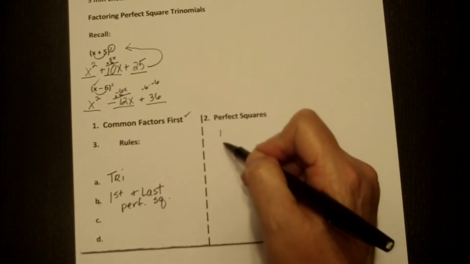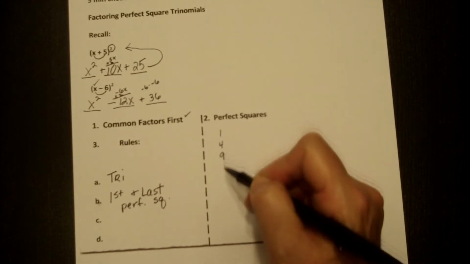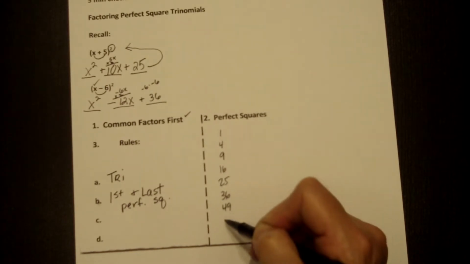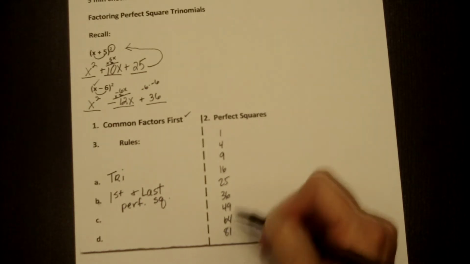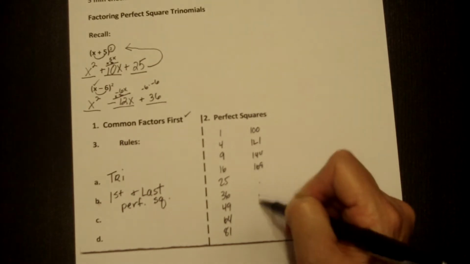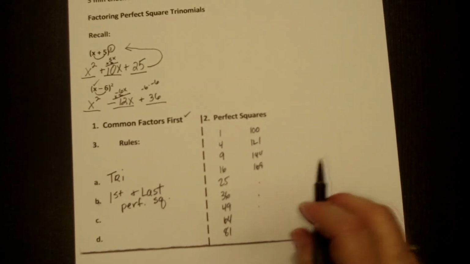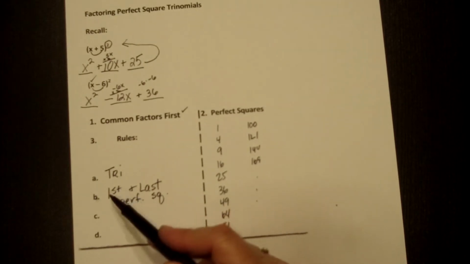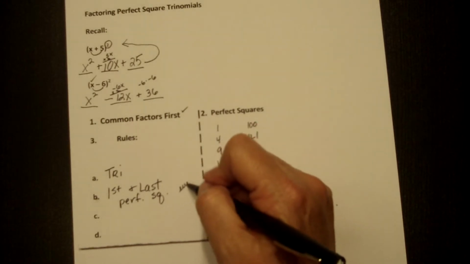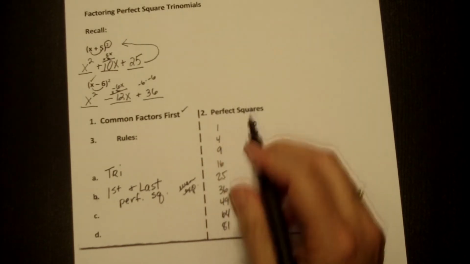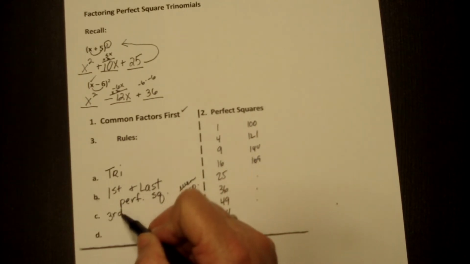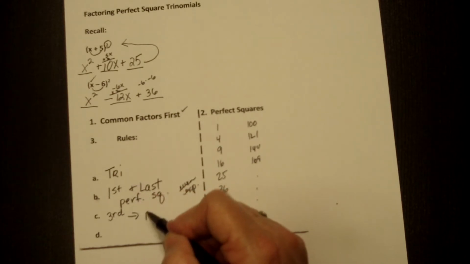We had 1, 4, 9, 16, 25, 36, 49, 64, 81, 100, 121, 144, 169, and so on. And you can write as far as you want to write.